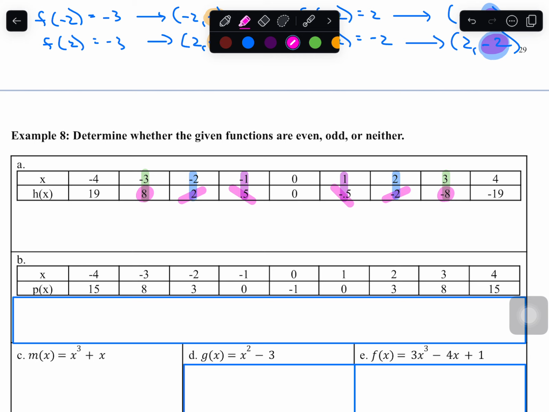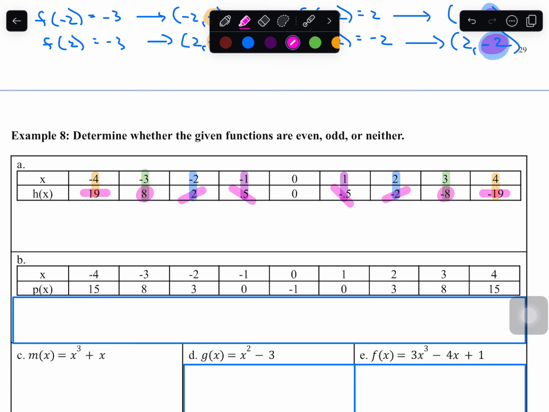Absolutely. And last but not least, if I go to -4 and 4, those are also opposites of each other. 0 can't have an opposite because it's the same, and you'll notice that it's still 0. So this absolutely looks like it would be an odd function.